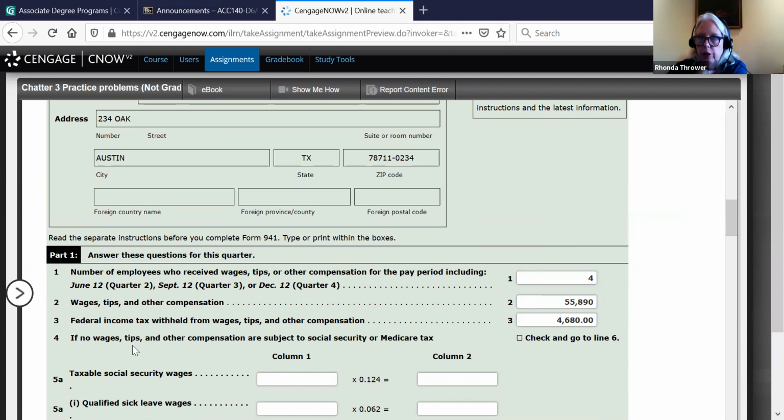There were no wages, tips, and other compensation. So we don't put anything in here. Line 5A, taxable Social Security wages, is the same as this amount right here.